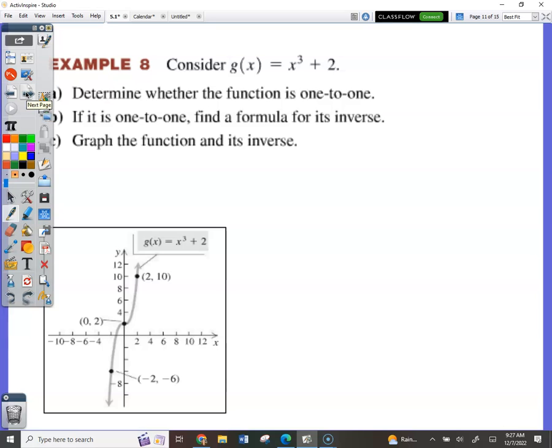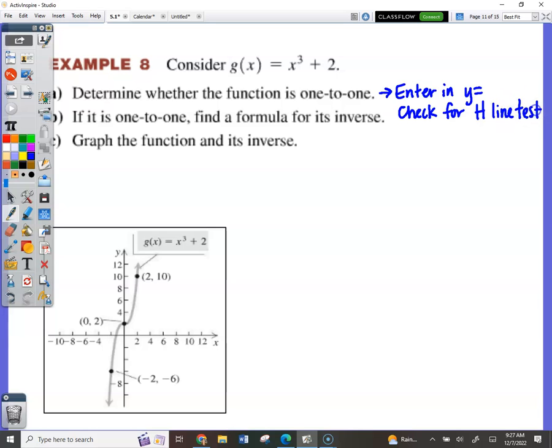All right, consider g of x equals x cubed plus 2. Determine if it's 1 to 1. If it is 1 to 1, find the formula for its inverse. Then graph it. The fast way to determine if it's 1 to 1 is to enter in y equals and check for the, I'm going to call it the H-line test.